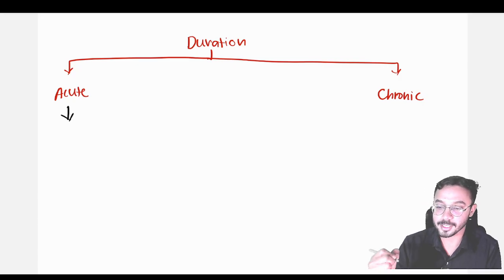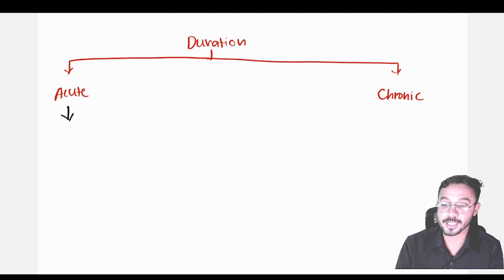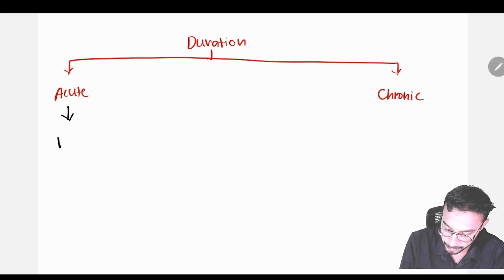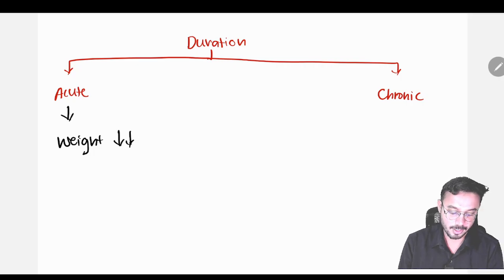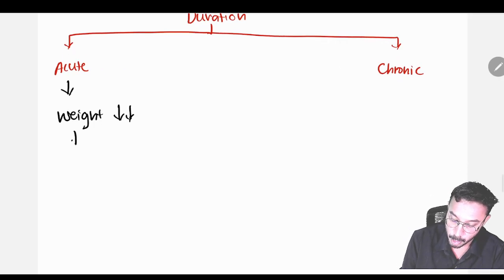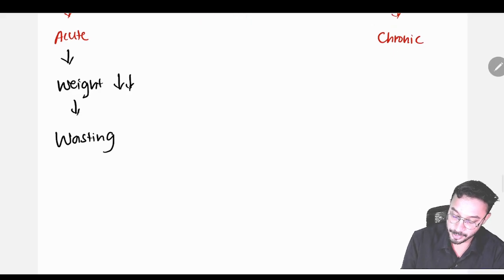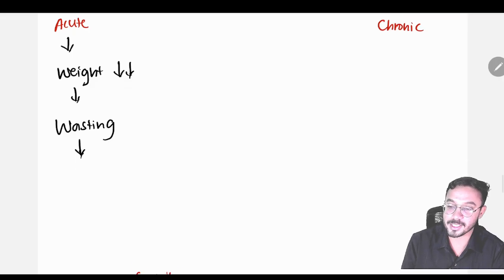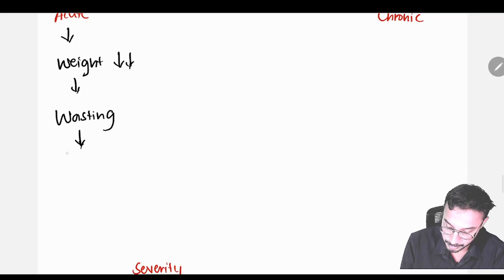In acute malnutrition, look at the parameter: weight is decreased. If the weight is decreased, that is called wasting.